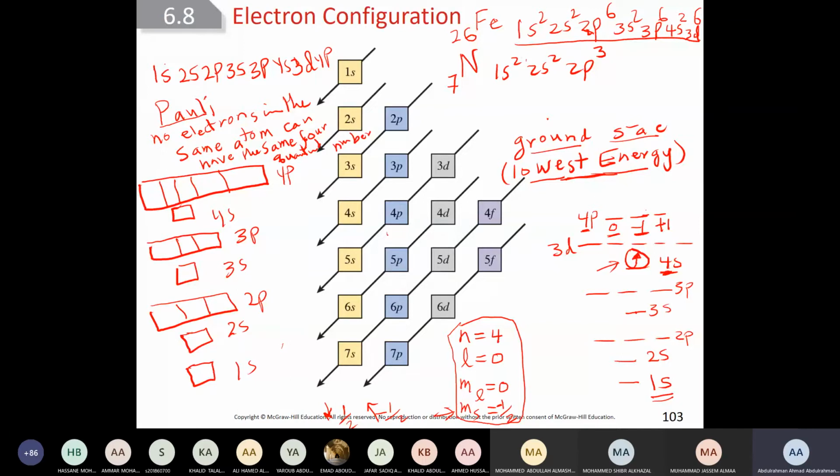Now let's put the electrons here. Again, what is this state called? Lowest energy, the ground state. Very good. Let's do the electrons here: 1, 2, 3, 4, and then where should I put the electrons? 5, 6, and then 7, according to which rule?